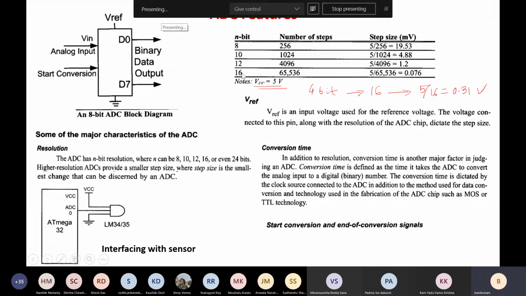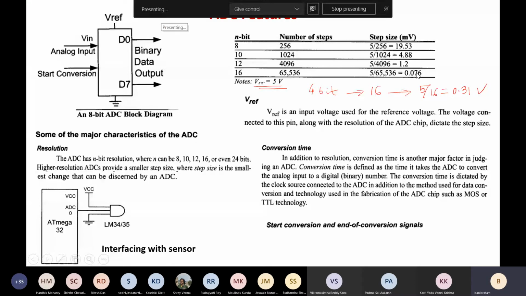Even with 16-bit you can reduce the step size further, to 0.076 millivolt, that means 76 microvolt. So with 16-bit representation and a 5 volt reference, you can achieve an accuracy of up to 76 microvolt, isn't it?